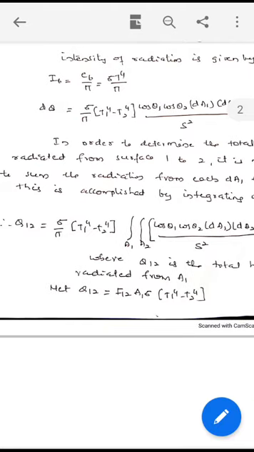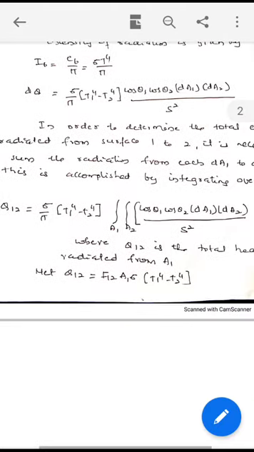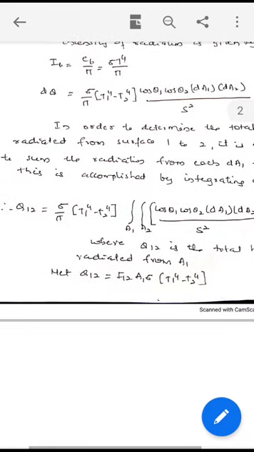This can also be written simply, as you are all familiar with this type of equation, as Q12 equals F12 A1 sigma times T1 raised to 4 minus T2 raised to 4, where F12 is known as a shape factor or a configuration factor.